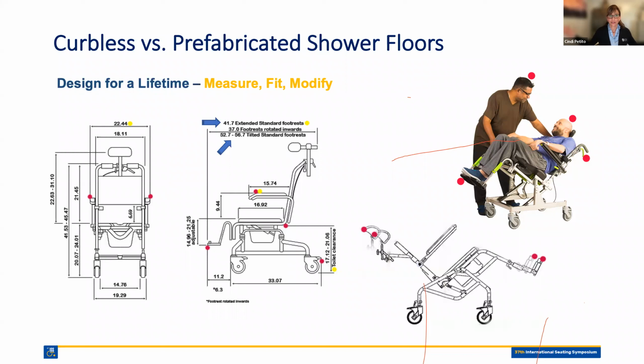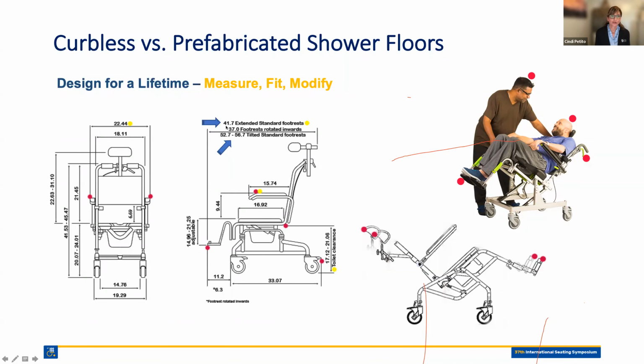And just as I'm showing here in the upper right-hand corner, you see a caregiver standing next to him, and you want to look at measuring the person in the occupied chair, and then the caregiver: how close does that caregiver need to get to that person to be able to care for them?